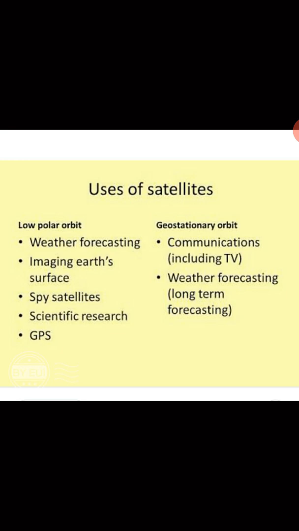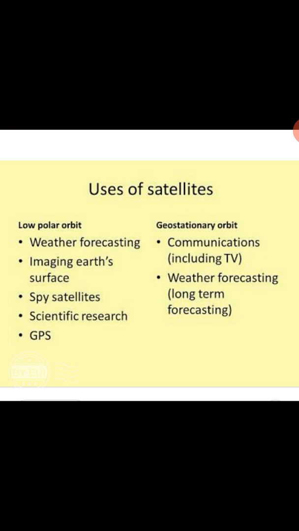They are also used for imaging Earth's surfaces. If you want to study the surface of the earth or the physical features of a region, then polar satellites are used. Now, there are low polar orbits: polar satellites can also be placed at lower heights from the earth, so that the study of the earth or the imaging of the earth's surface becomes easier.